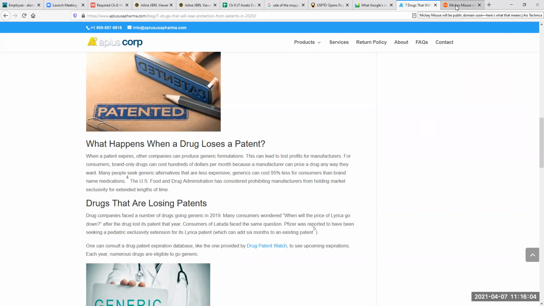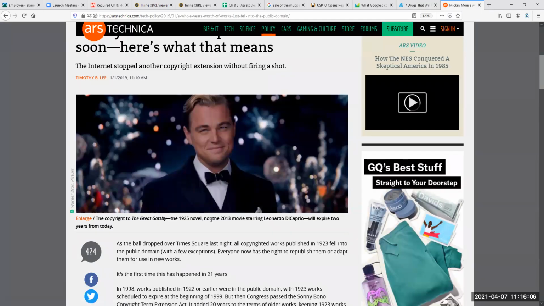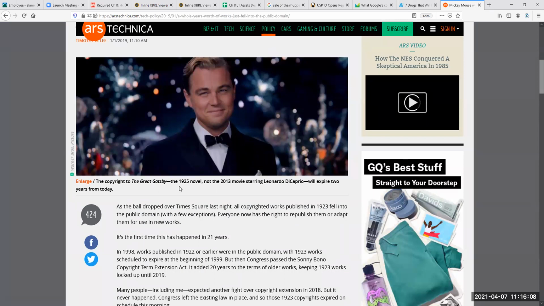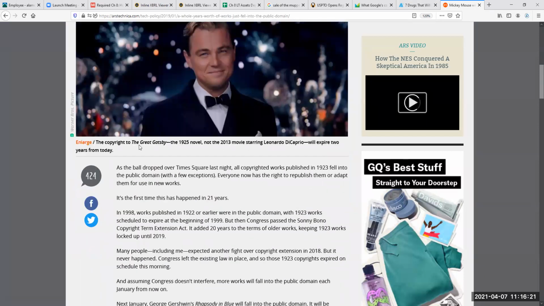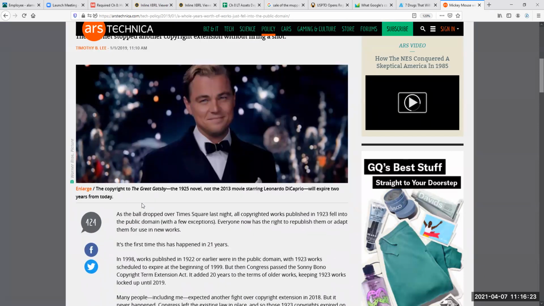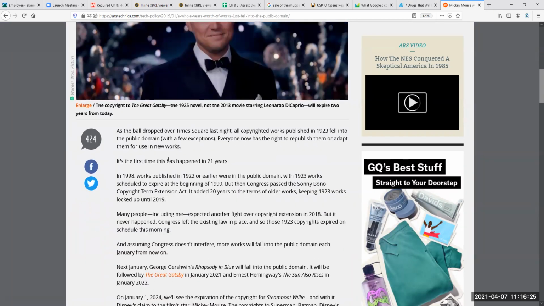Now, here's something I thought was interesting too, y'all. The copyright to The Great Gatsby, the 1925 novel, will expire 2 years from today. Expires 2 years from when this was published, in 2021. So maybe it's expired now in 21. The works published in 1920 were in public domain, with 1923 scheduled to expire at the beginning of 99.